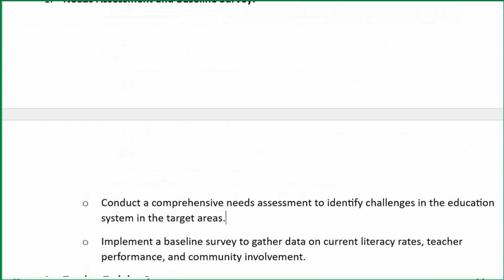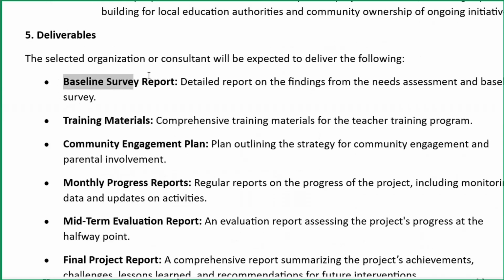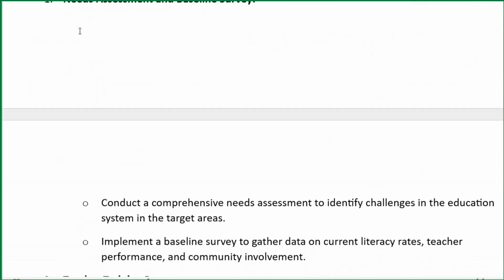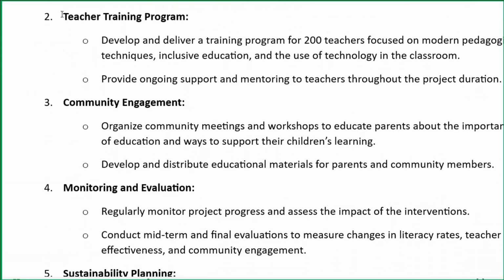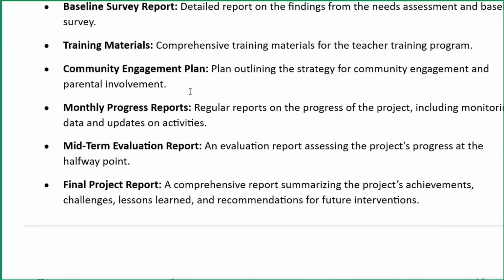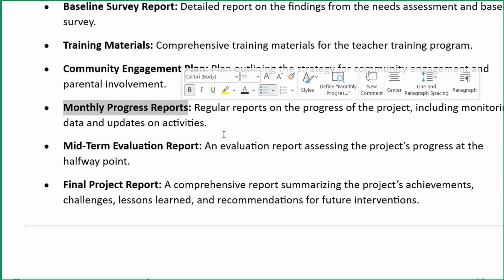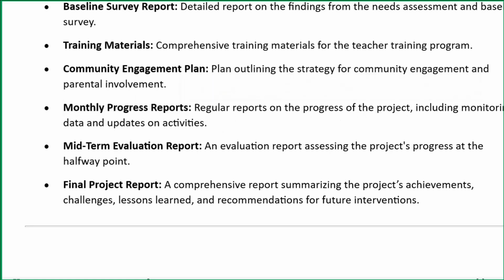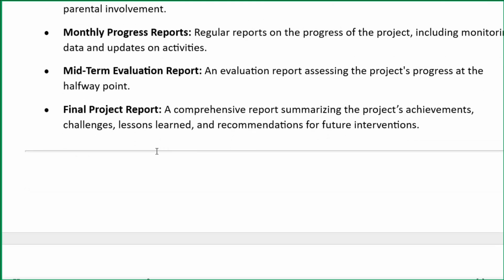So, in response to this needs assessment, the deliverable would be a baseline survey report. In the TOR, usually they mention activities and then the deliverables. Similarly, for community engagement, there would be a plan outlining the strategy for community engagement and parental involvement. For monthly progress reports, regular reports on the progress of the project, these are the key deliverables.